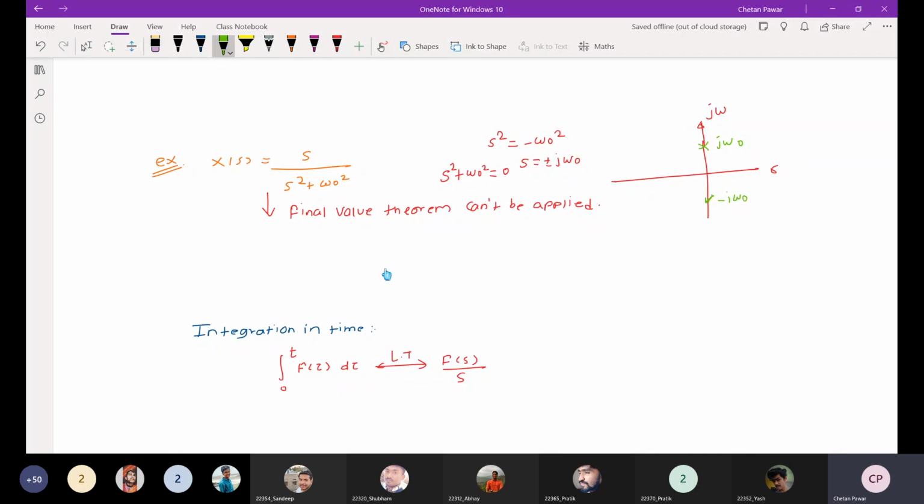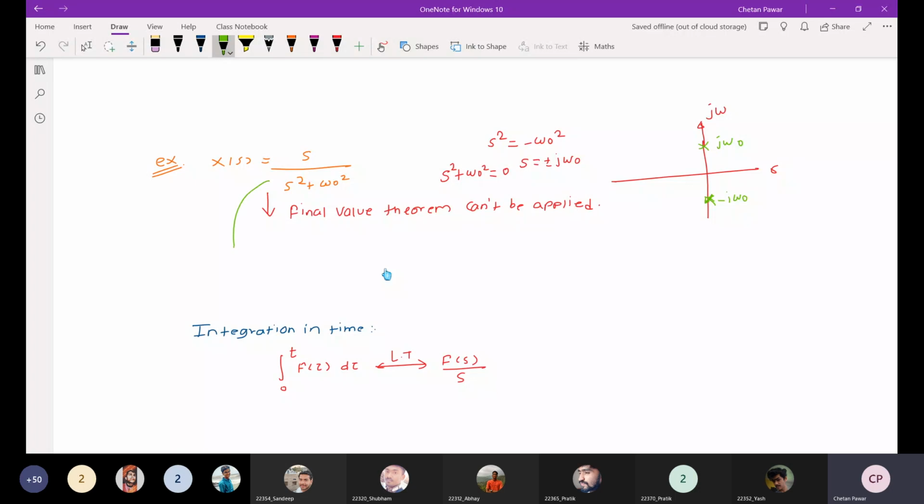So the real part of that particular pole is 0, which is not negative. So you can't apply the final value theorem for this particular LT.